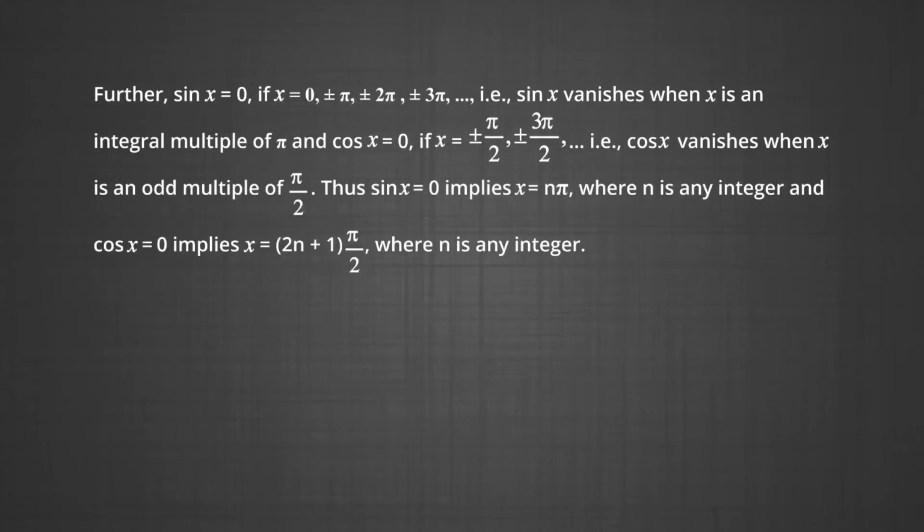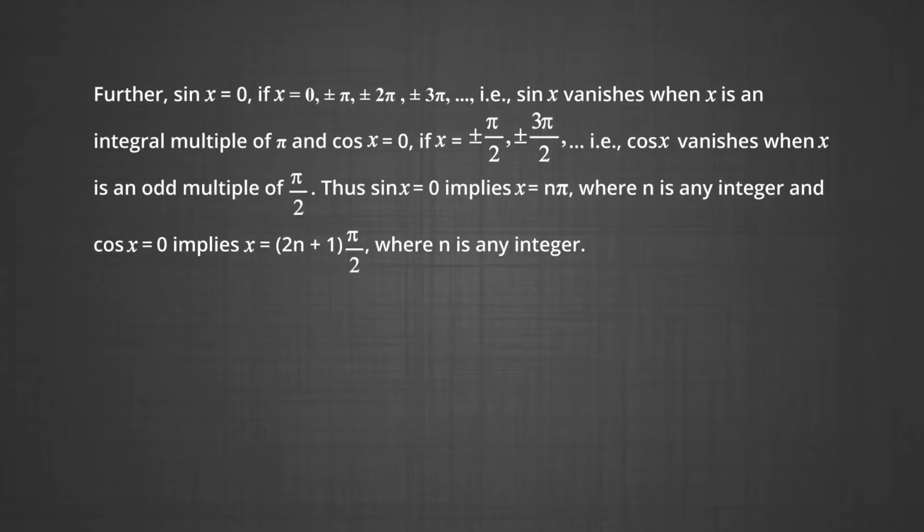Further, we see that sine of x is equal to 0 if x is equal to 0, plus minus pi, plus minus 2 pi, plus minus 3 pi onwards. That is, when x is an integral multiple of pi, then sine of x will be 0.